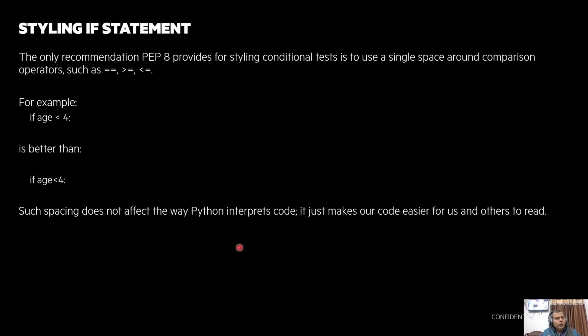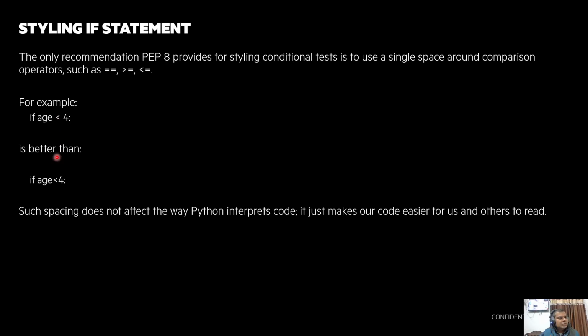Let's move on. Styling if statements. While writing the examples, we saw that we can use spaces in between with the operators, or we can write without the spaces. If we write the spaces, it will be more readable. So if age is less than 4, it's better than age less than 4 without spaces.